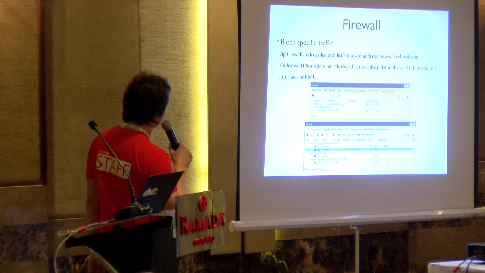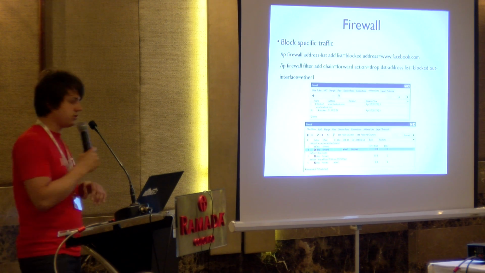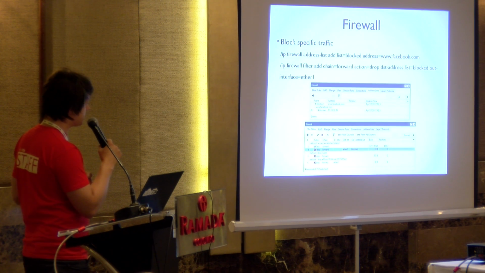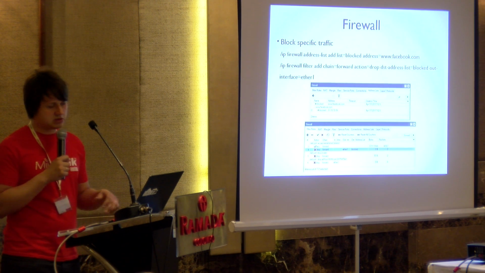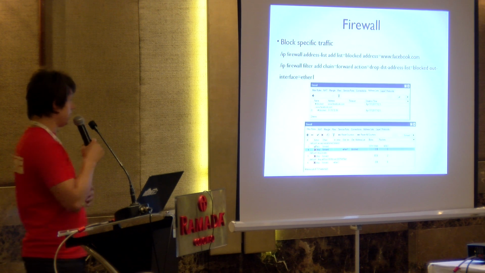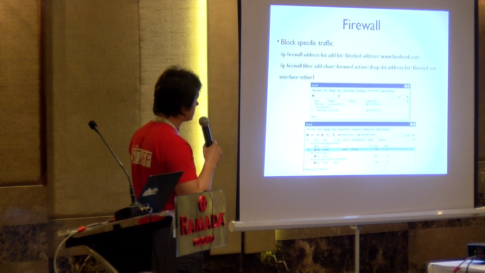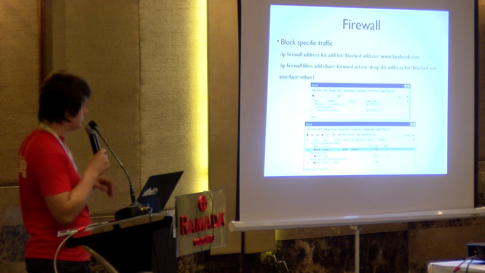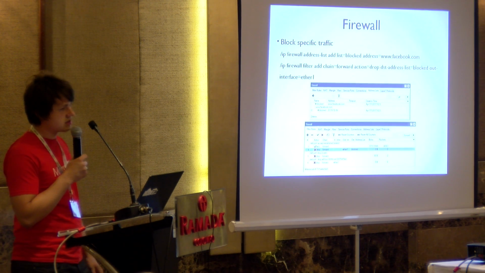You can add a new web page. The router will automatically resolve this DNS name to the IP address, and later you can simply use this address list in your firewall. In cases if one web page has multiple servers with multiple IP addresses, the router will list all of them, and you won't need many firewall rules. You can simply use one just by specifying the address list.